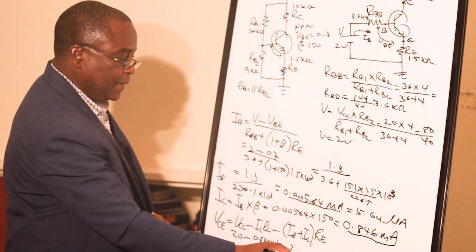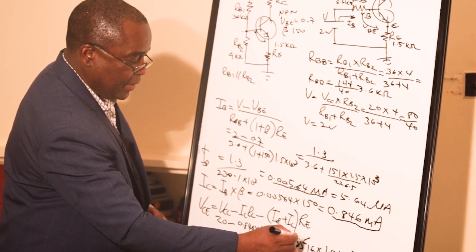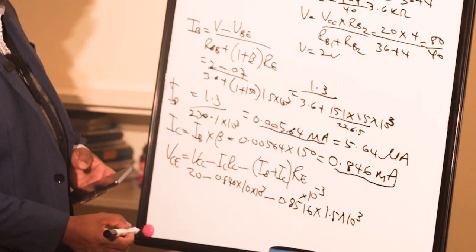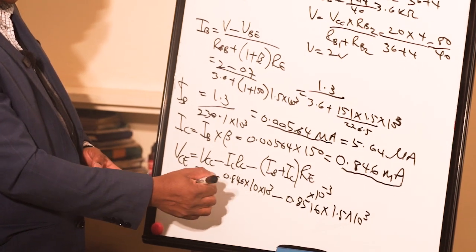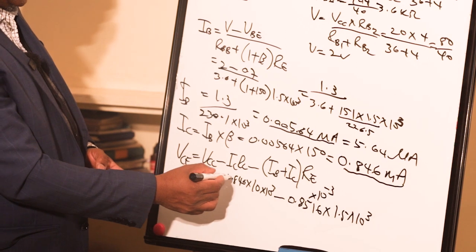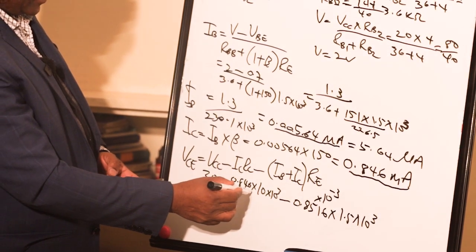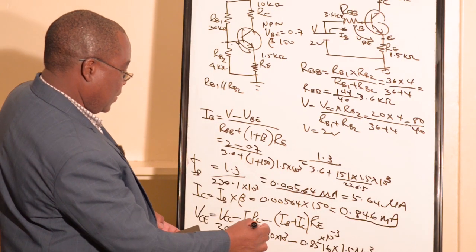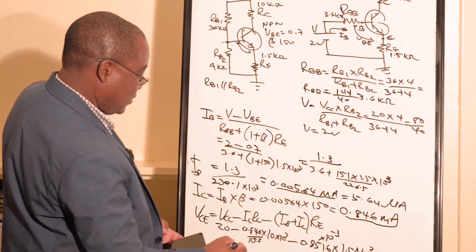This is a milliampere. So we have here times 10 power 3 minus 3. That's a milliampere. And here also this IC is also milliampere, so we can put here 10 power minus 3 also.